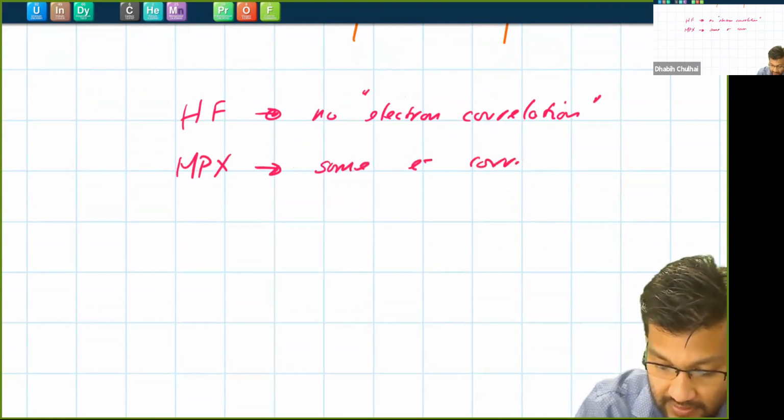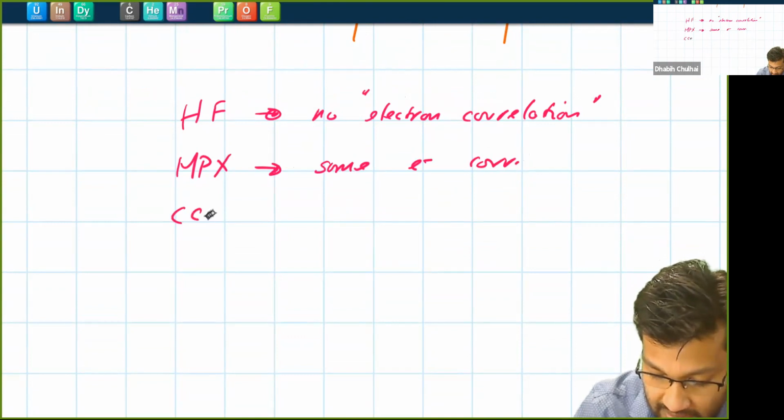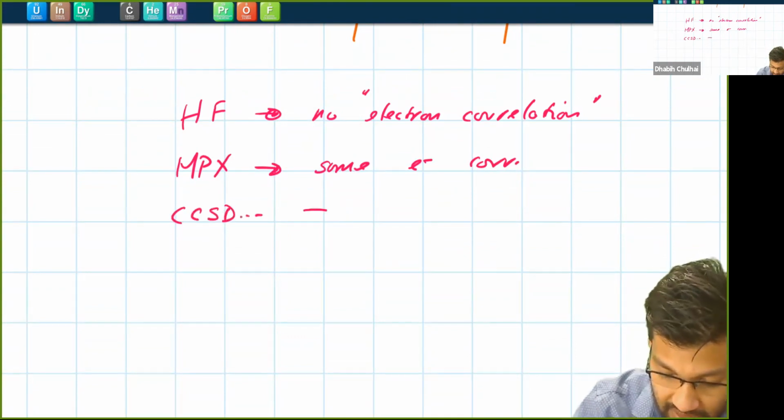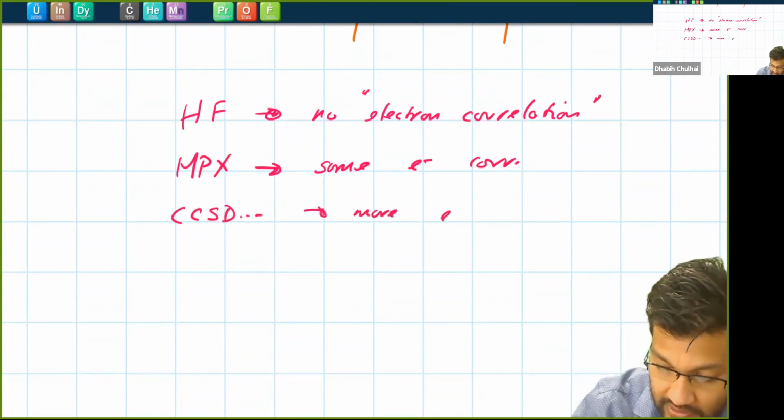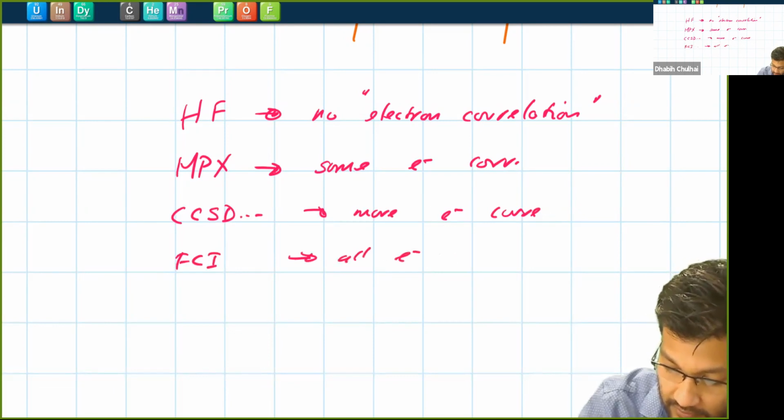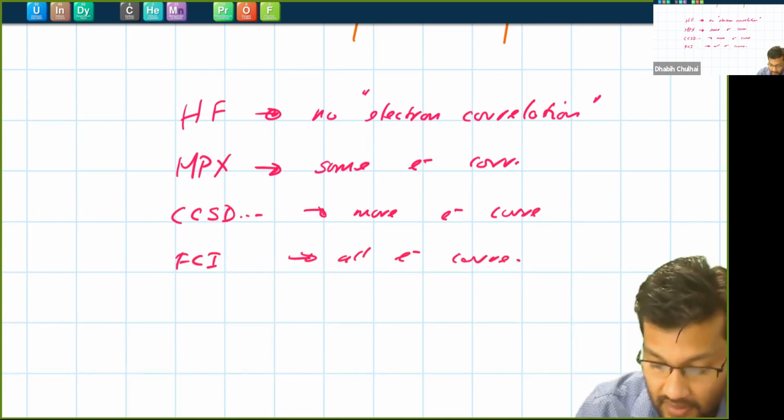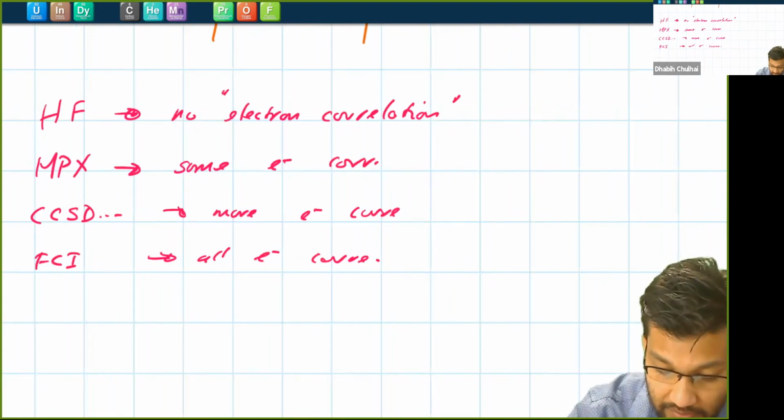Above that, there's CCSD, which has more electron correlation. And finally, there's FCI, which has all the electron correlation. So if you see methods like that, you know what they mean.